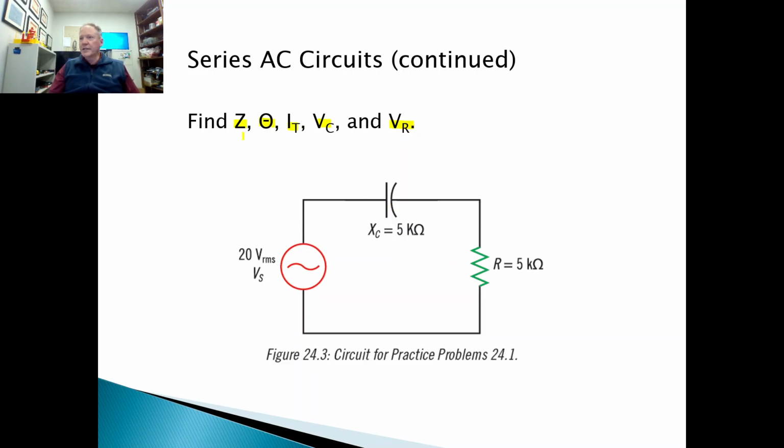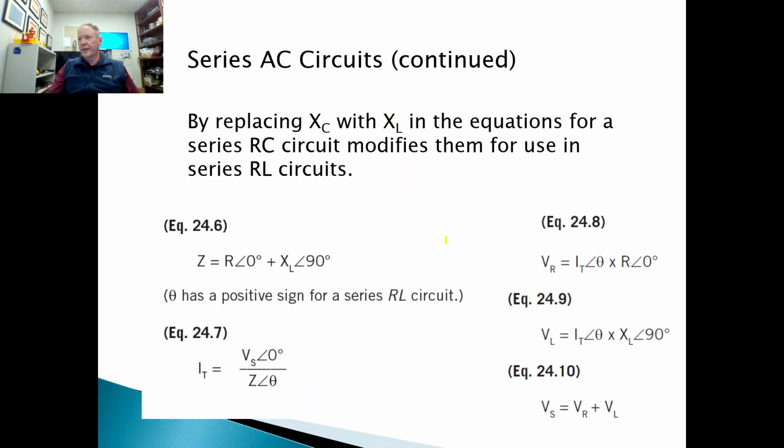So how do we get the impedance? We would take 5K angle 0 plus X of C, which is 5K at an angle negative 90, and that will give us our Z and our theta for the impedance.